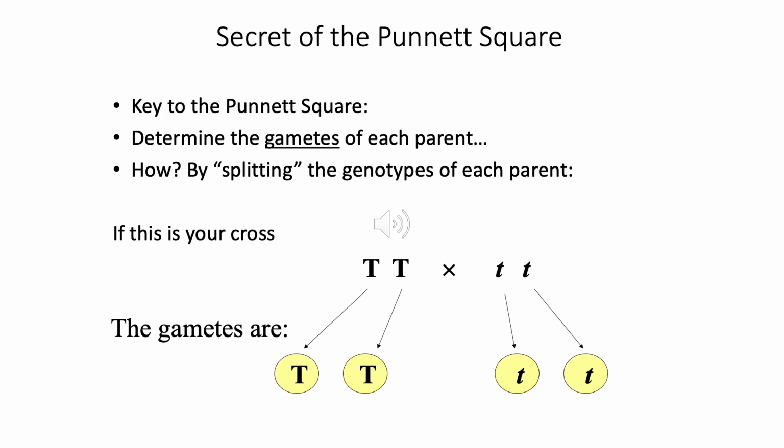So the secret of the Punnett square is so simple. The key is that you have to determine the gametes of each parent by splitting the genotypes of each parent.